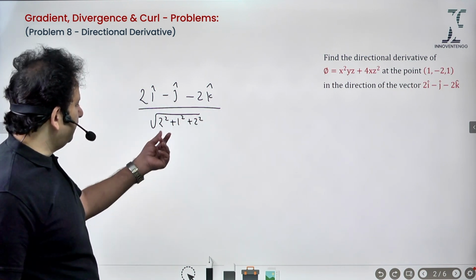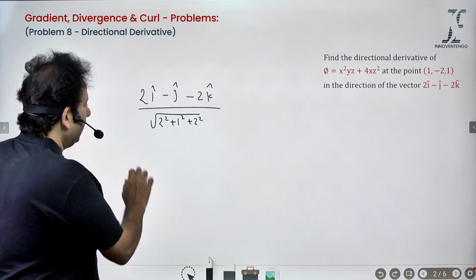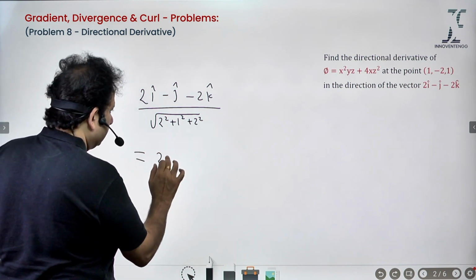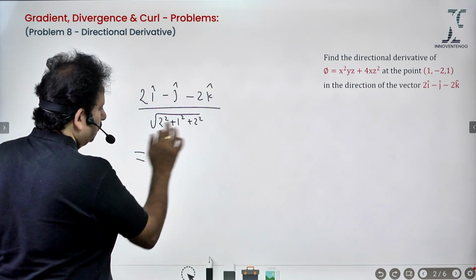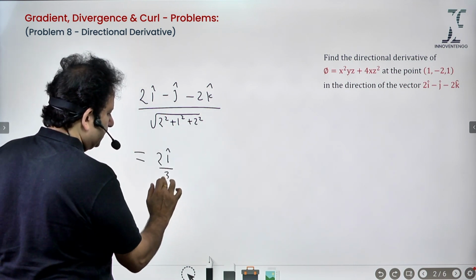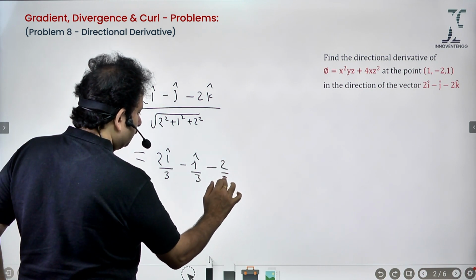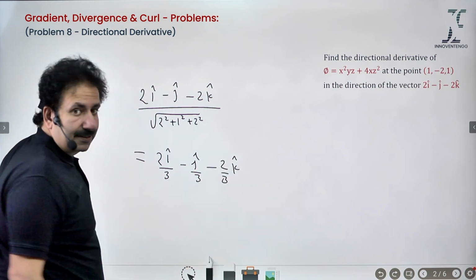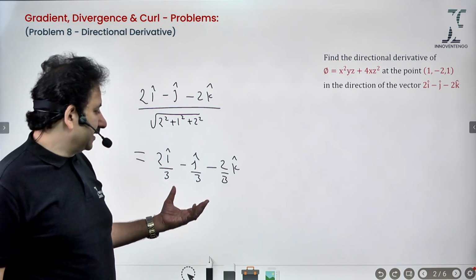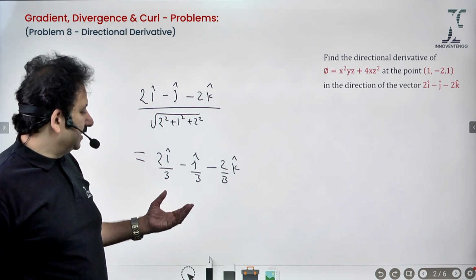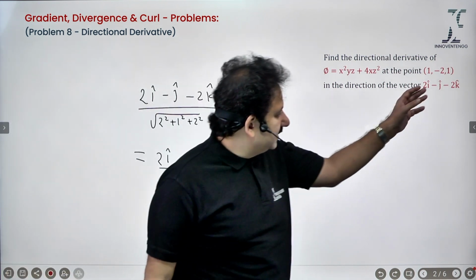So this is 9, and the square root of 9 is 3, so you get 2i/3 minus j/3 minus 2k/3. All right, so this is the unit vector whose direction is along this vector.